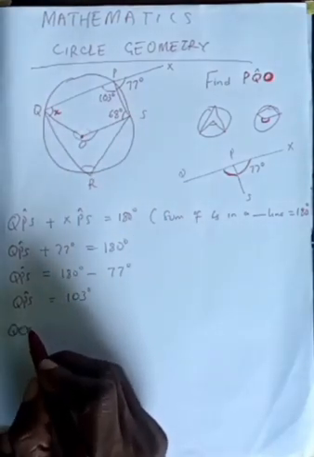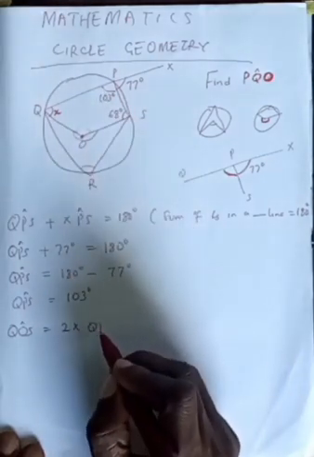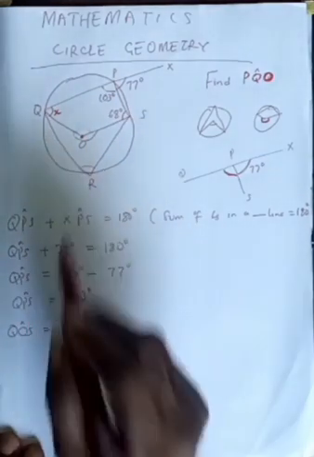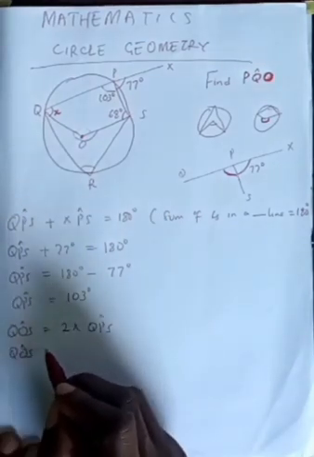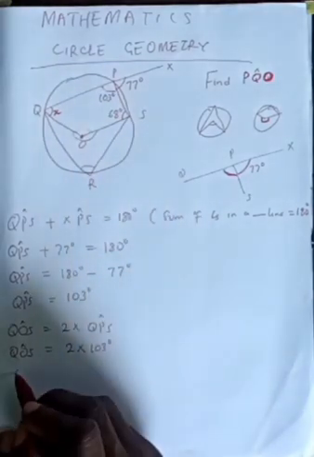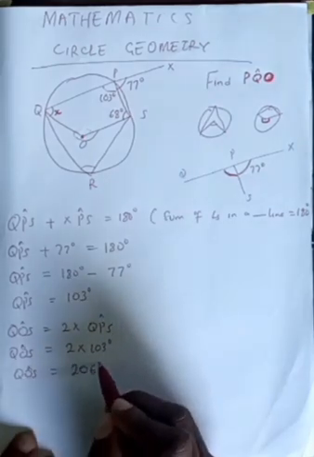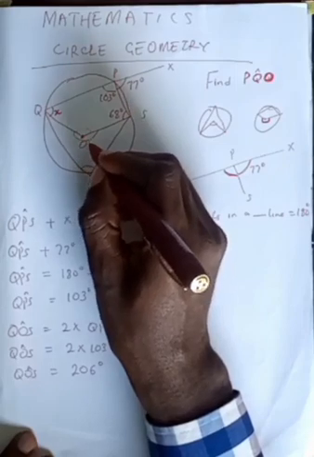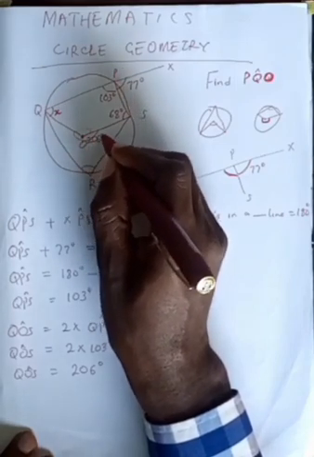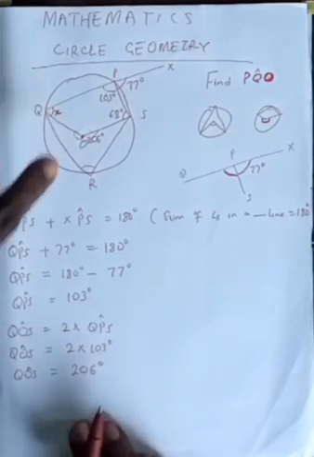So QOS is 2 times whatever angle we have at the circumference, and that is QPS. QOS is 2 multiplied by 103 degrees, which is 206 degrees. So the angle at the center here is 206 degrees.